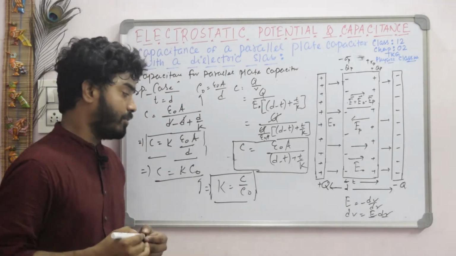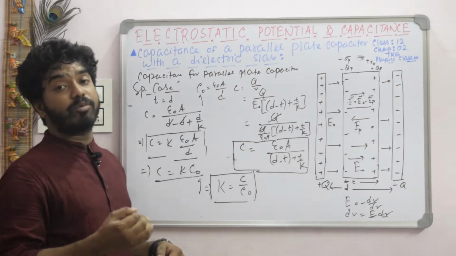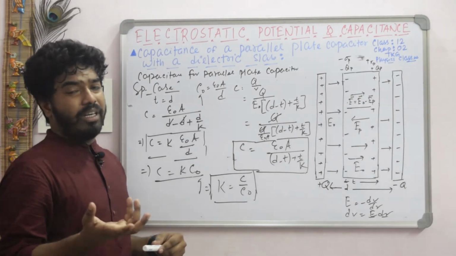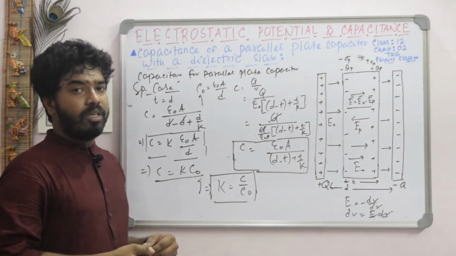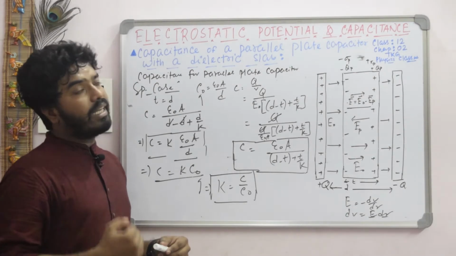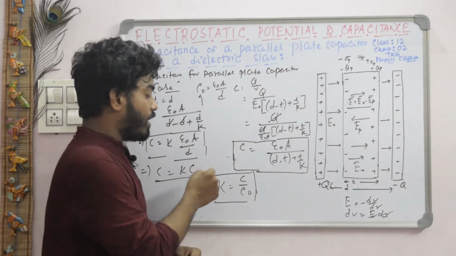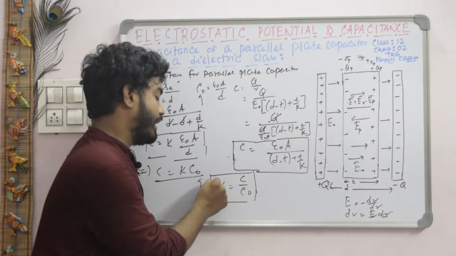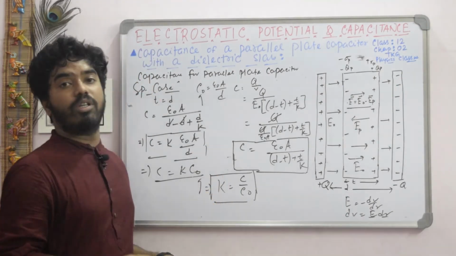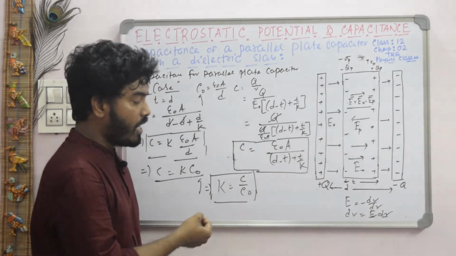Sometimes in your exam the question asks you to define dielectric constant in terms of capacitance. Already you know the basic definition of dielectric constant, that is the ratio of the original electric field to the net electric field. Now, when you have to give the definition in terms of capacitance, what will be the answer? You know the expression K equal to C by C naught, and what is C?